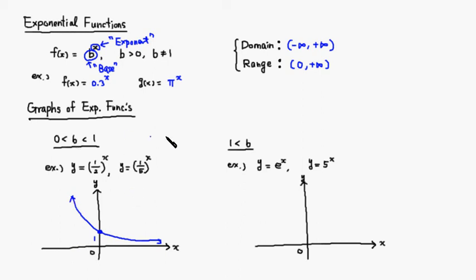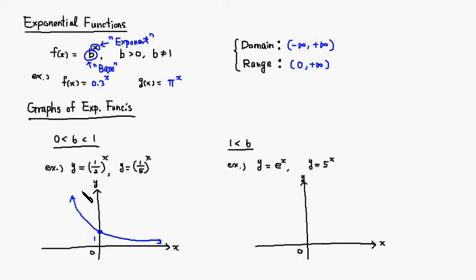Now the comparison between 1/2 to the x and 1/5 to the x. It's going to be a very similar picture, except that the base is even smaller, which means that every time x increases by 1, it becomes 1/5 of the previous value. So it gets smaller faster. It's going to be a steeper graph than 1/2 to the x.